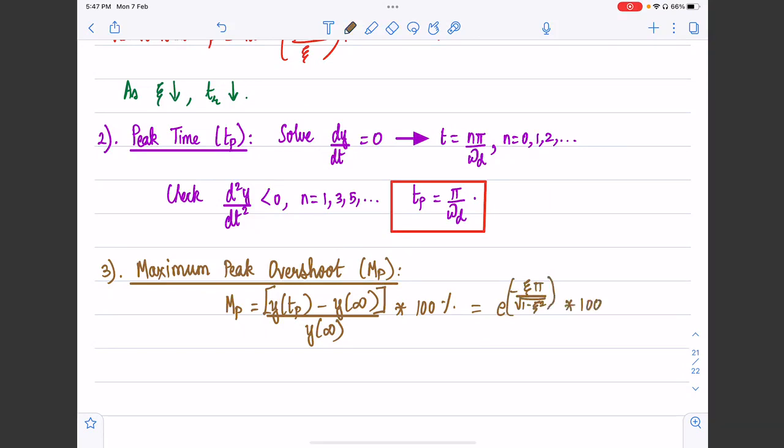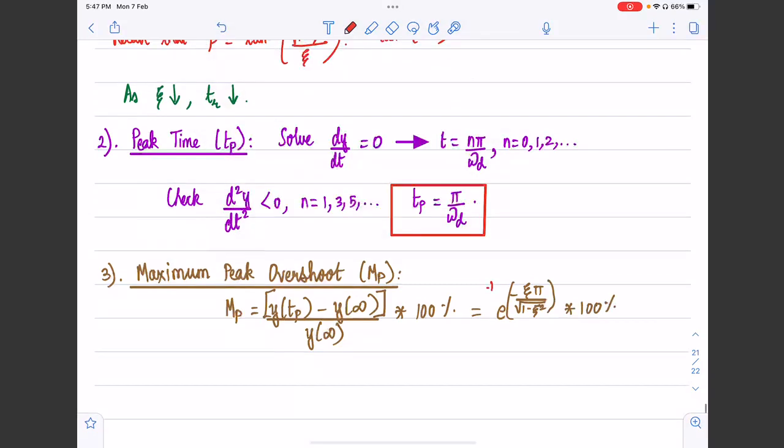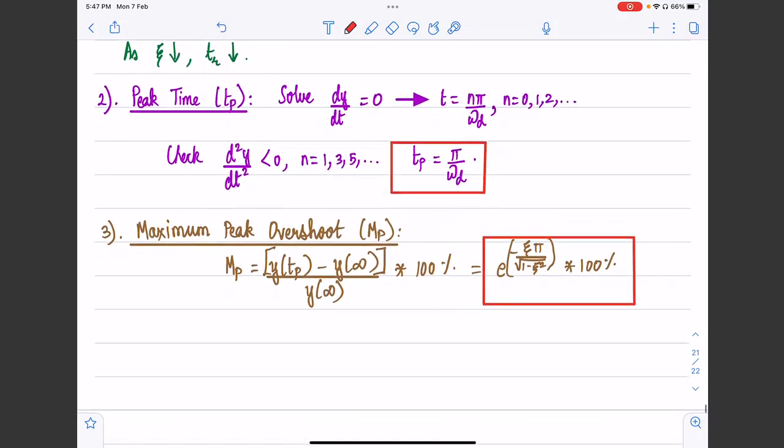Typically people will express it as a percentage measure. So this is the expression for the maximum peak overshoot. Once again, you substitute the expression for tp in y, the formula for y that we derived in today's class, and then you simplify this, and you will get the expression, right?